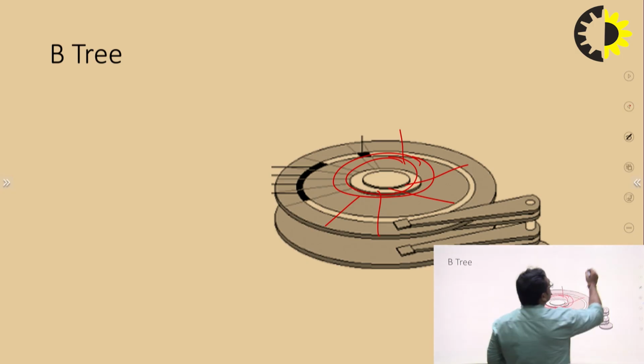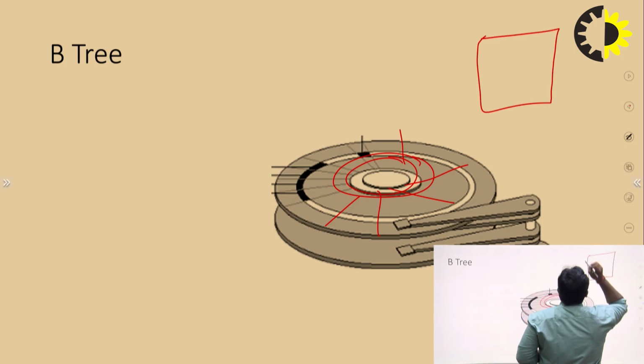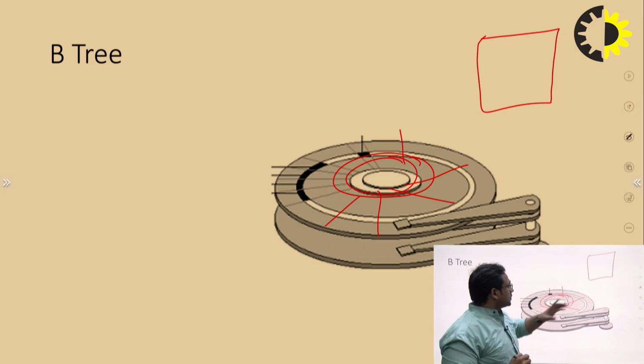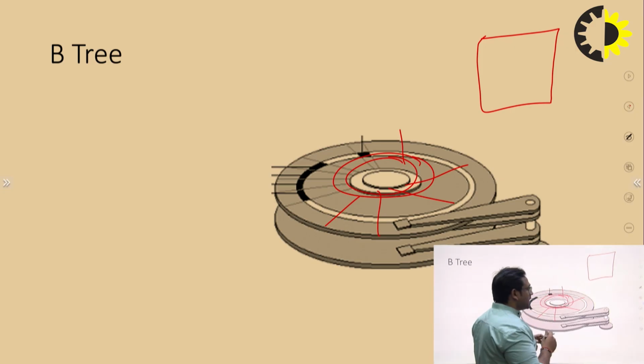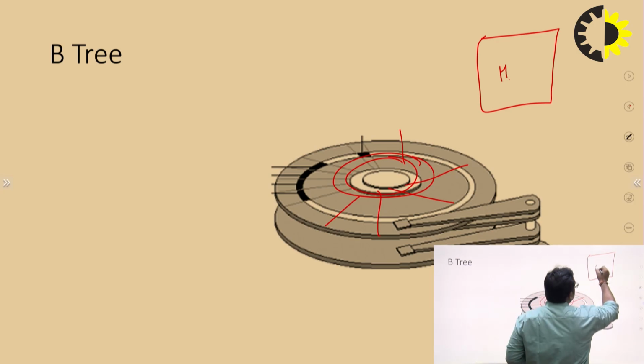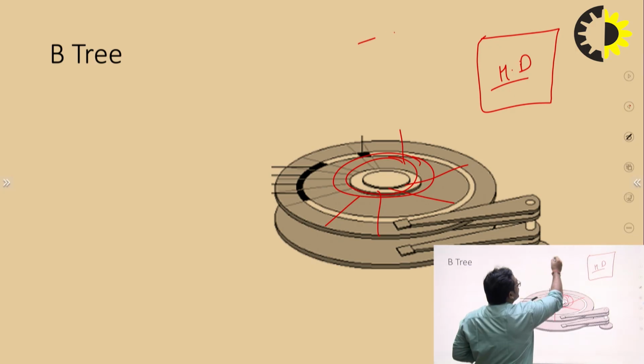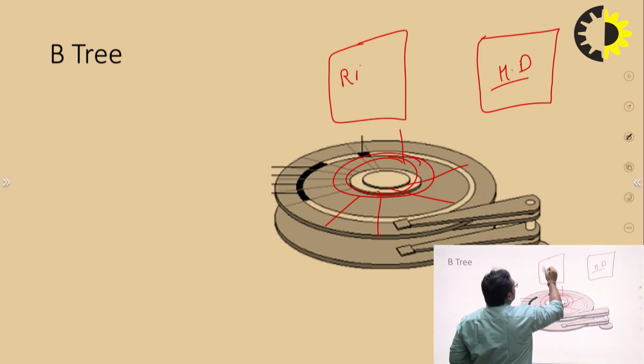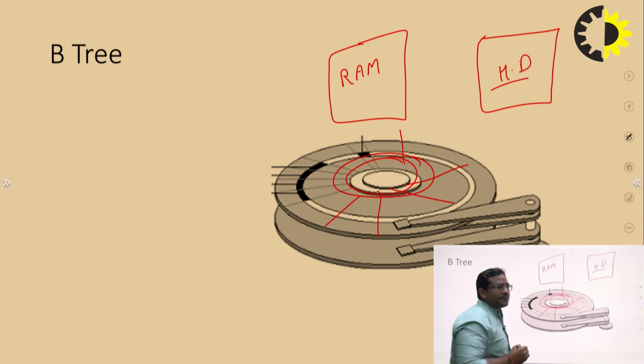Suppose I take this one. This is a hard disk. Whatever data is required is stored in the hard disk. One more thing you must know about is RAM.